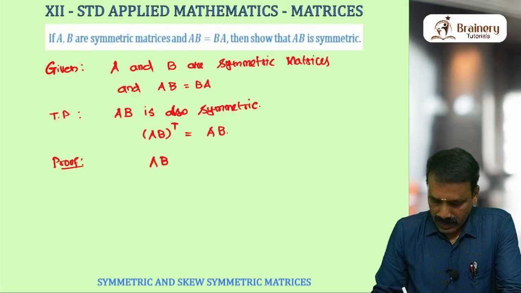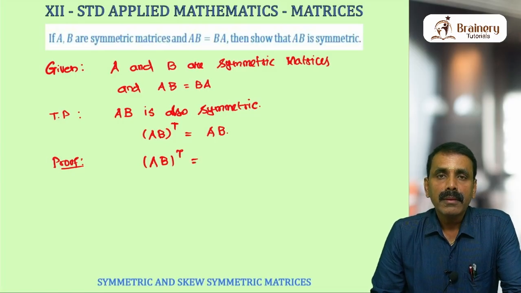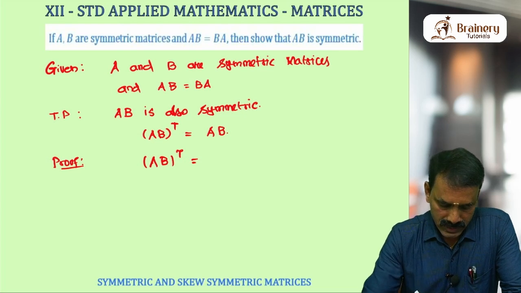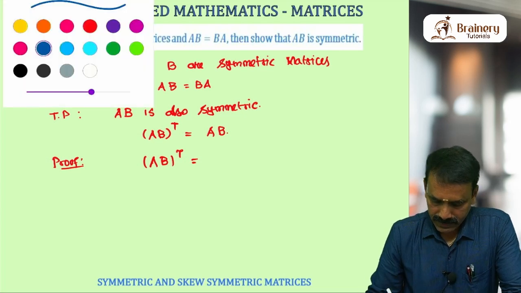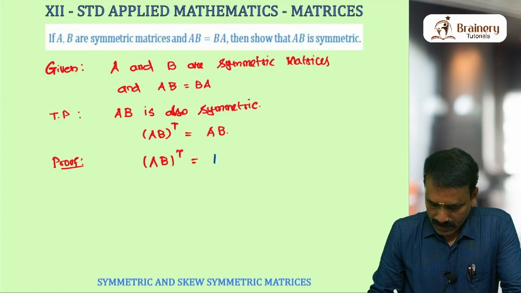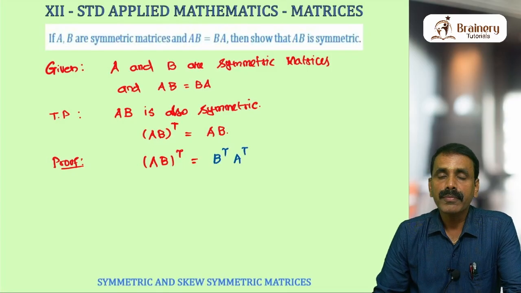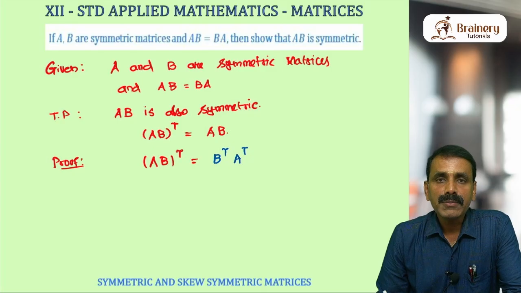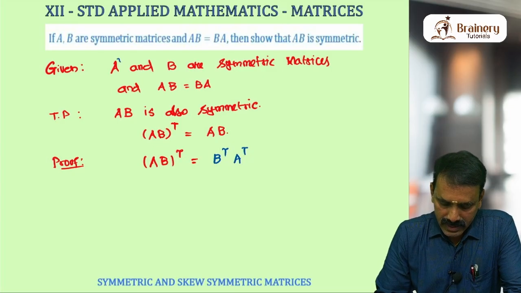We start with AB whole transpose. By the property of the transpose of a matrix, AB whole transpose is nothing but B transpose A transpose. It is given A and B are symmetric matrices.